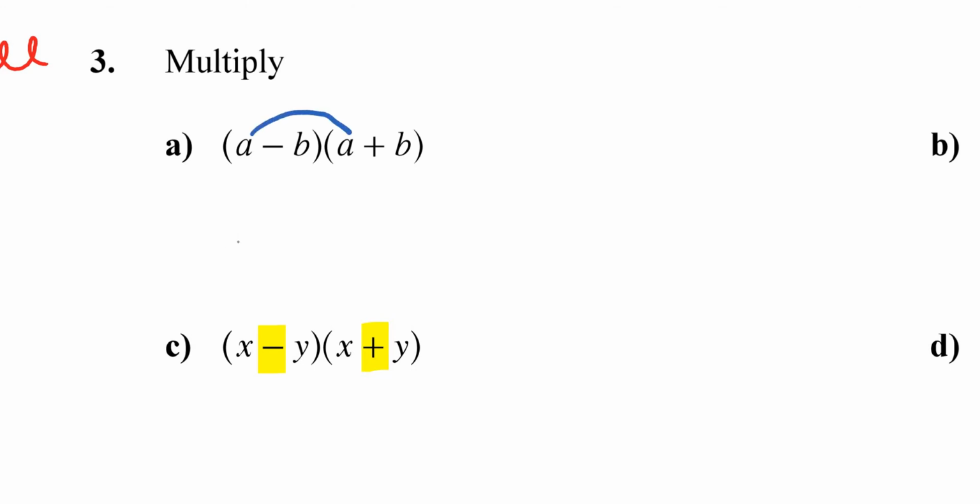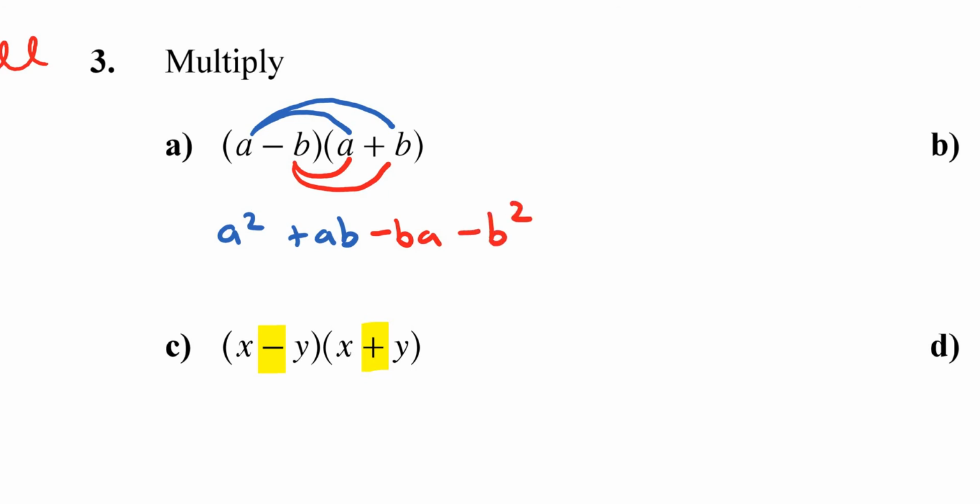So a times a is a squared. And then a times b is going to be positive ab. And then negative b times a is going to be negative ba. And then negative b times b is going to be negative b squared. What you're going to notice is that the second and third terms are like terms, but they cancel each other out. So they go away, and you're left with just a squared minus b squared. Okay, so how do I do this really quickly?